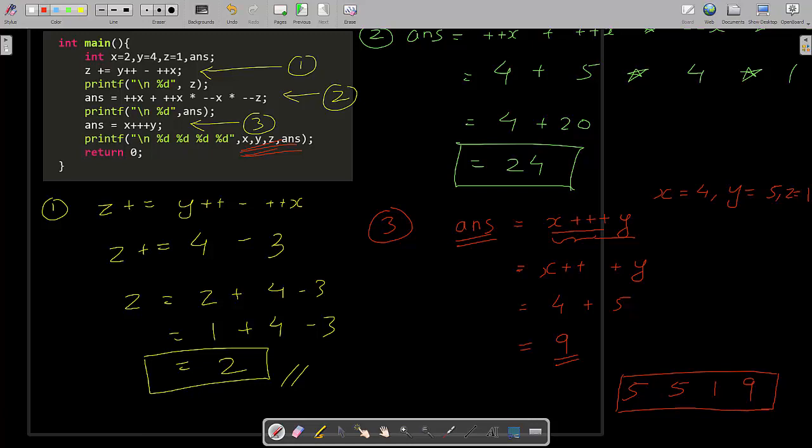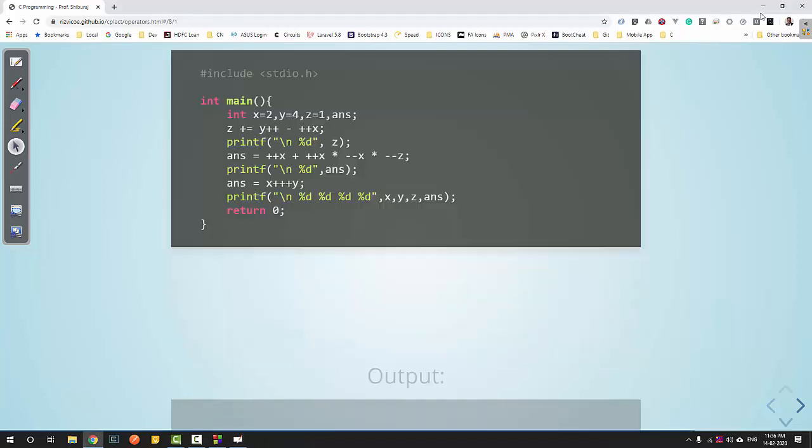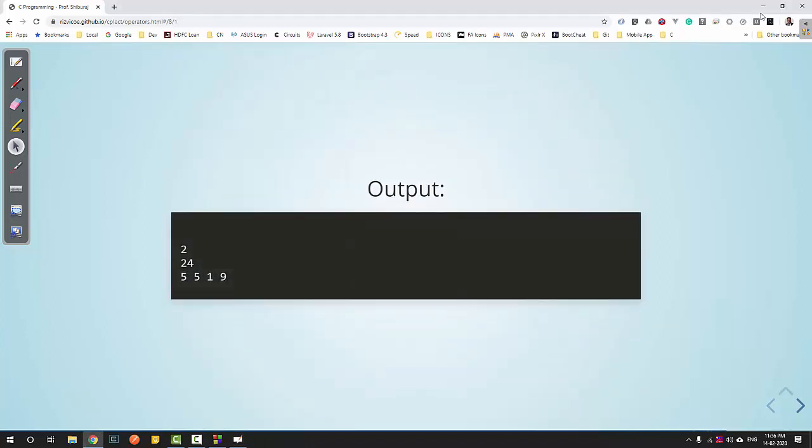In this way we have got three answers. The first expression's output is 2, the second expression's output is 24, and the third expression's output is 5519. So let's verify the answer.